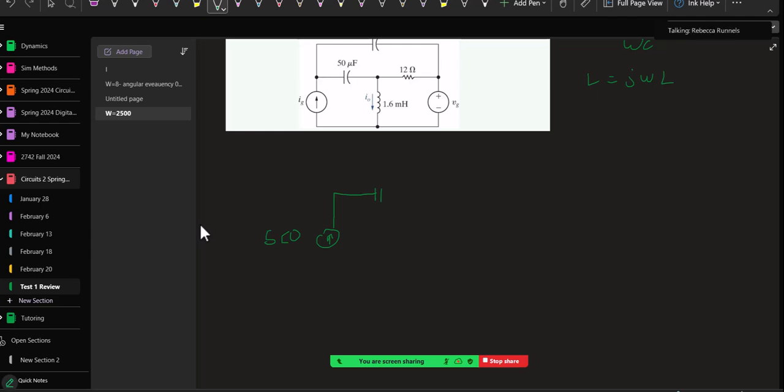And the capacitor is minus J4. The voltage source is 20 angle 90.